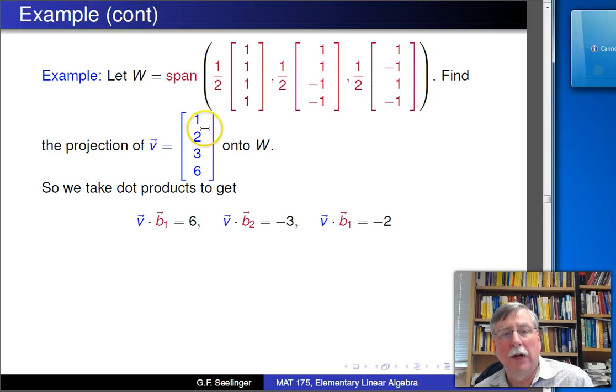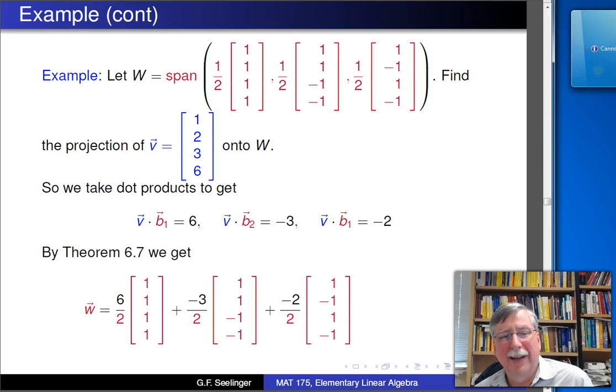So I take V dot B1 to get 6, V dot B2, -3, V dot B3 to get -2. And so I just take that linear combination, add it all together, and I get my projection: 1/2 (5, 7, 11). So taking projections becomes very easy.